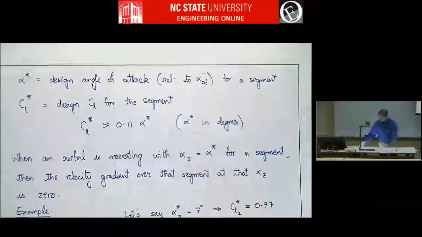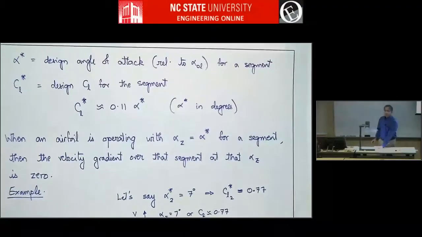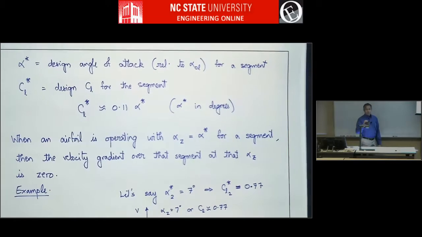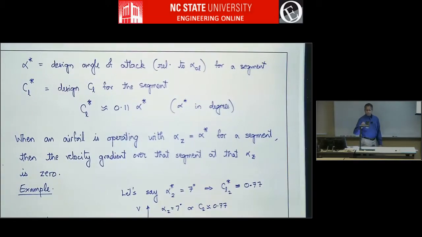Just as a review, in the last class we stopped somewhere here. We talked about how in Profoil you divide the airfoil into segments, and every segment except the first and the last has this alpha star concept.